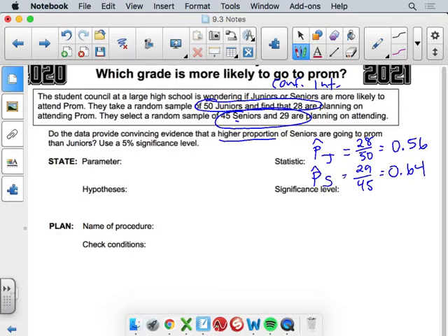So we're going to do a null and alternative hypothesis where I'm going to write what p means. So p means the percent attending prom. That's what p is talking about in this example. Percent of juniors, percent of seniors attending prom.